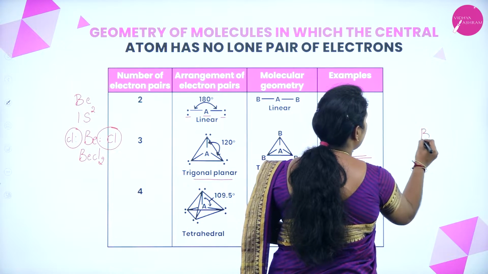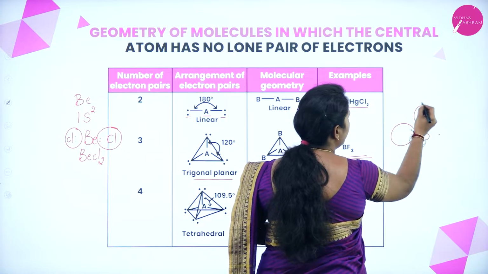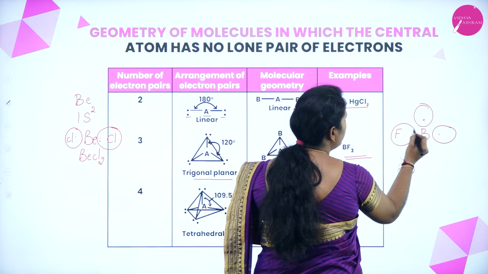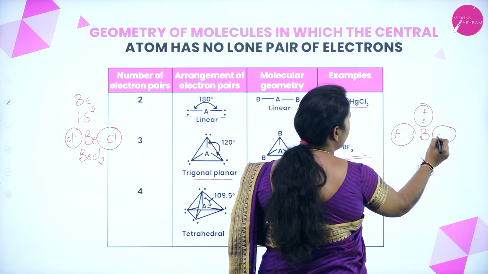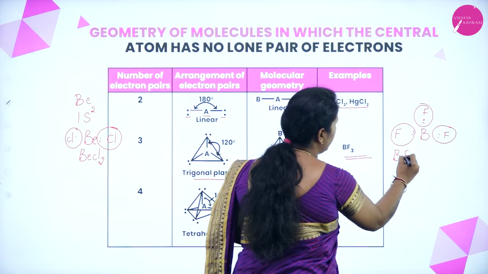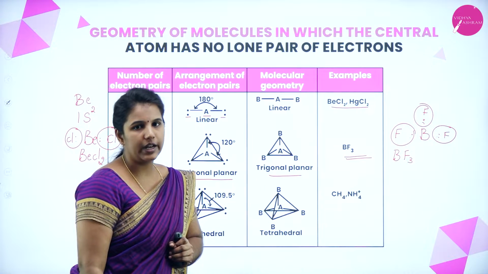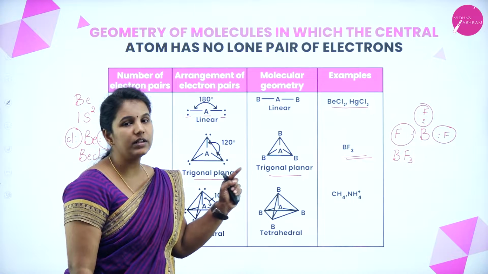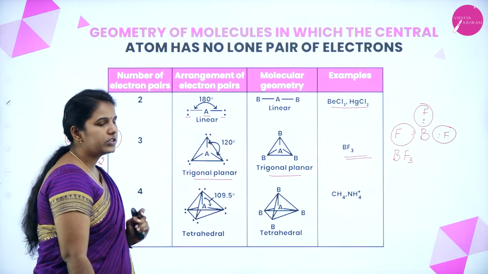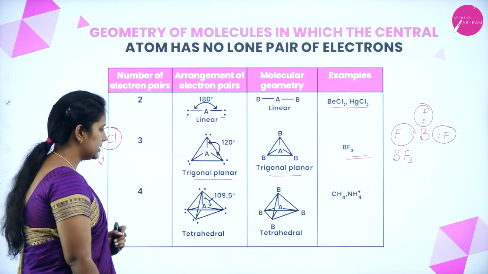These 3 electrons are present in its outermost shell and get bonded with the fluorine atoms, forming what? BF3, which has a trigonal planar structure.